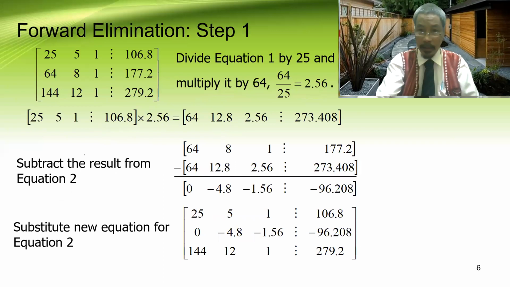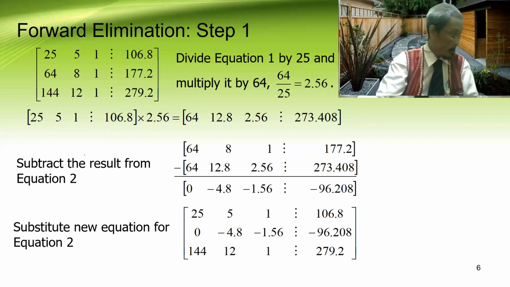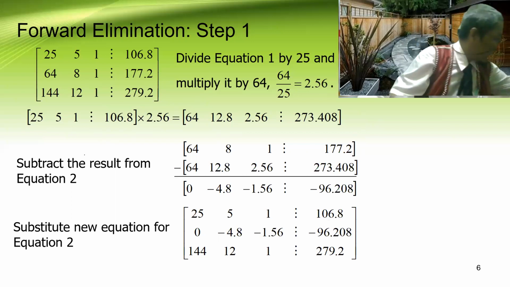We start with the elimination of this one. We have to eliminate this one, meaning we want this to be 0, and also this one and this one. That is our first target. And by doing that, we want to do that.